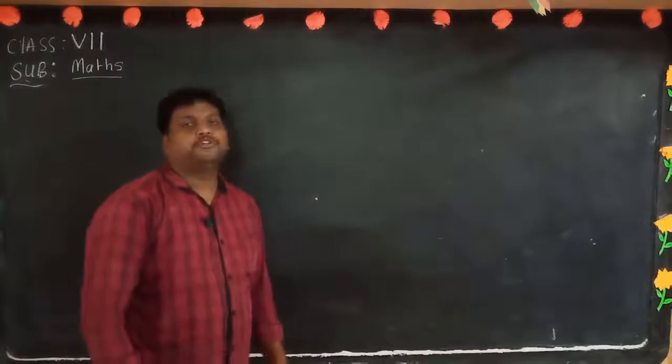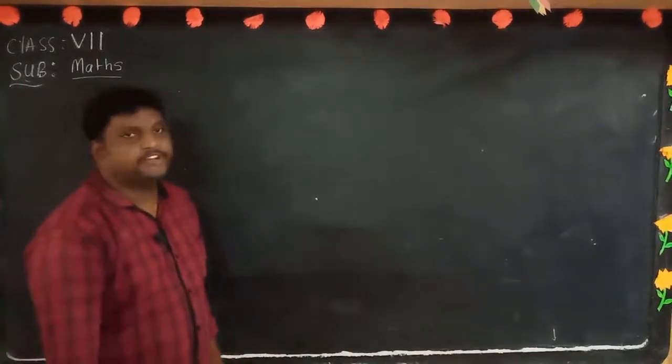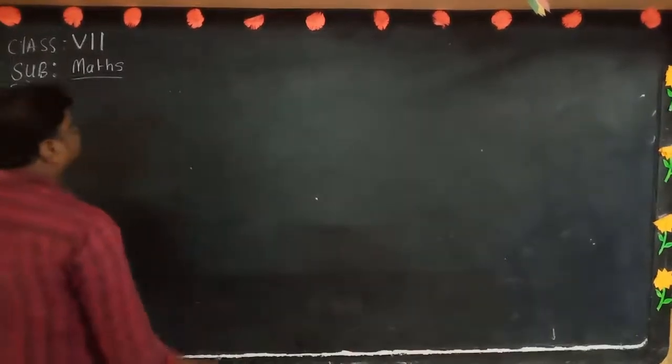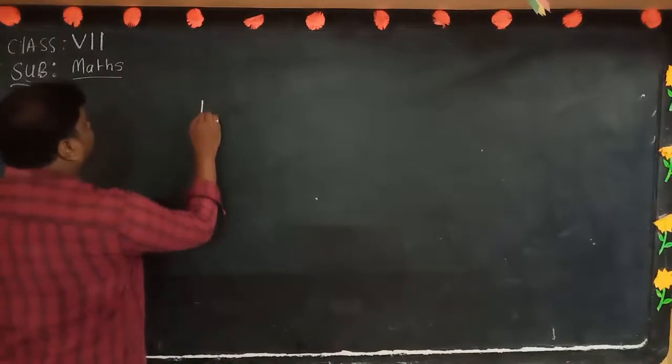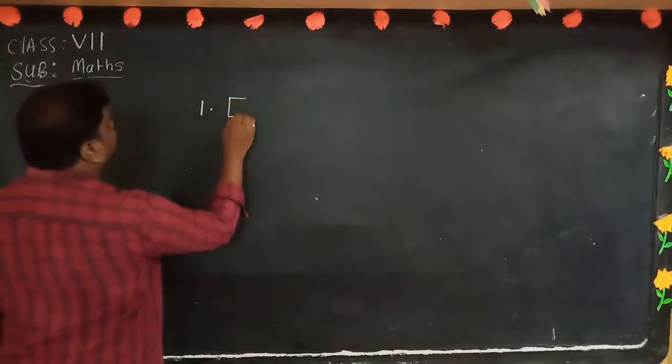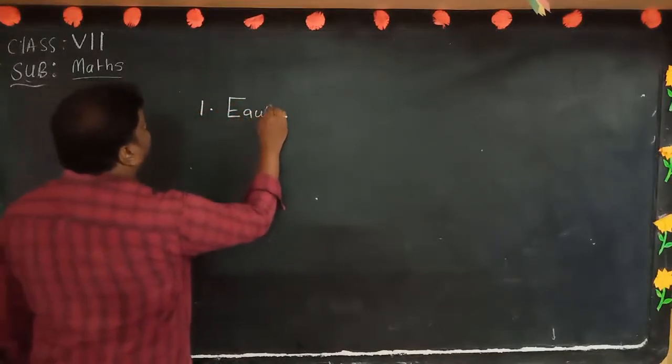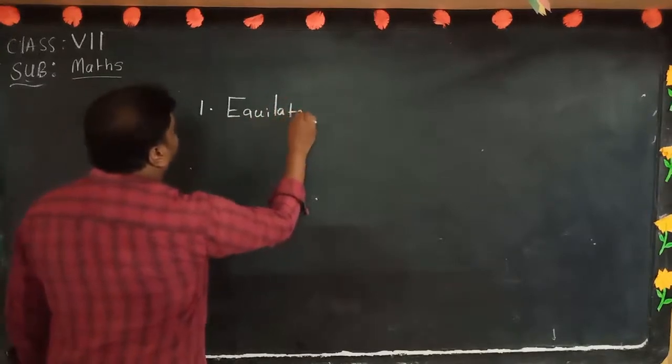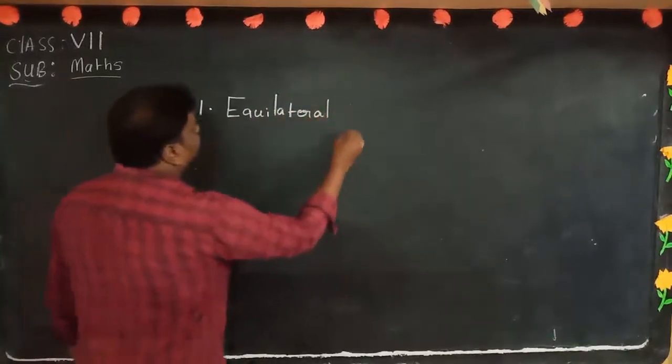So many days before we explained. That's why once again I am revising. Based upon sides, the triangles are 3 types. First one is equilateral triangle.